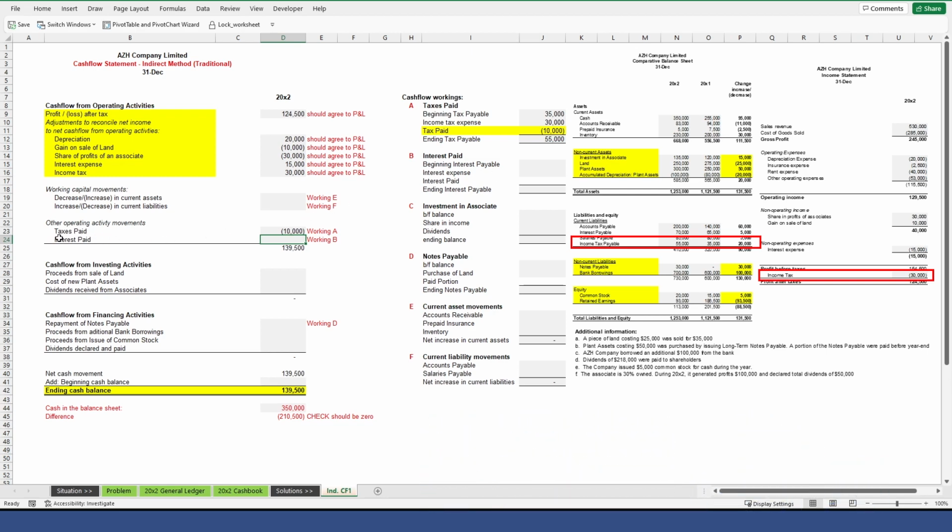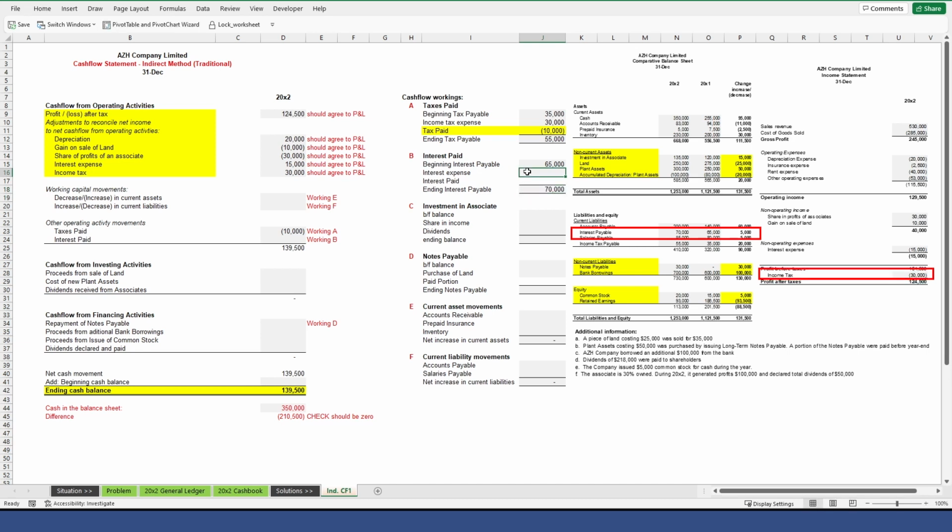We will do the same analysis with the interest paid. The beginning interest payable amounts to 65,000 according to the balance sheet, and the ending interest payable amounts to 70,000 in the balance sheet.